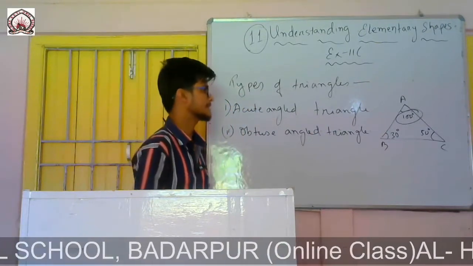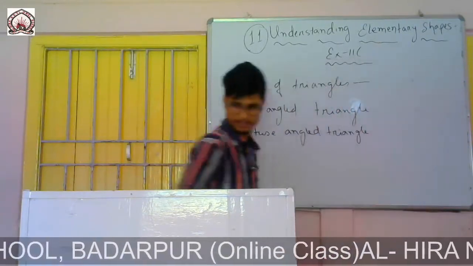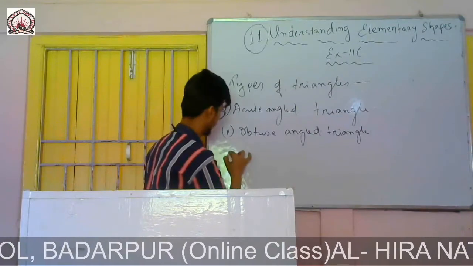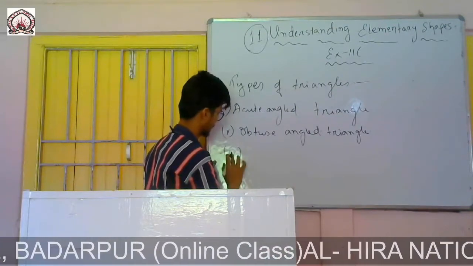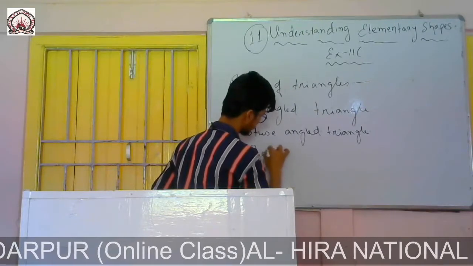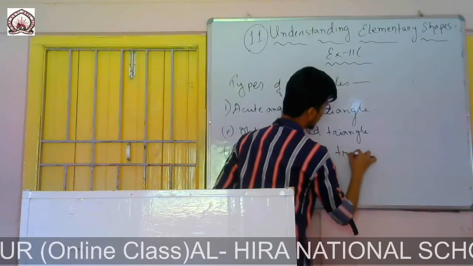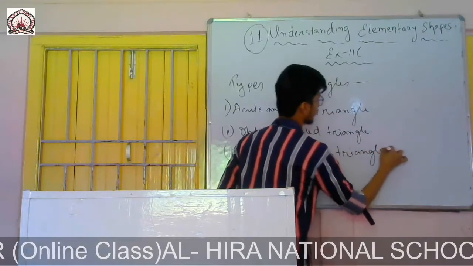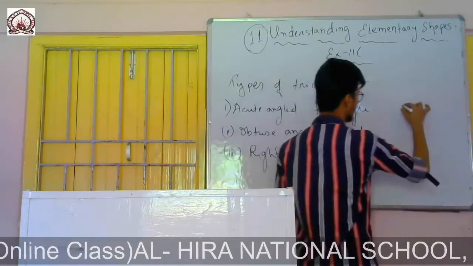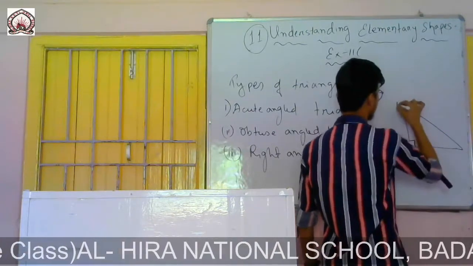Then the last one is the right angled triangle. In a right angled triangle, one angle is equal to 90 degrees.